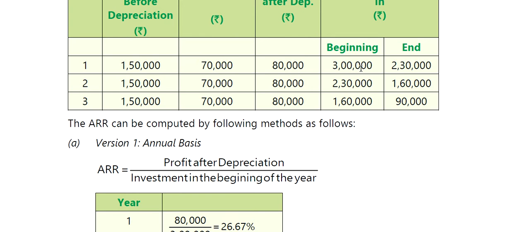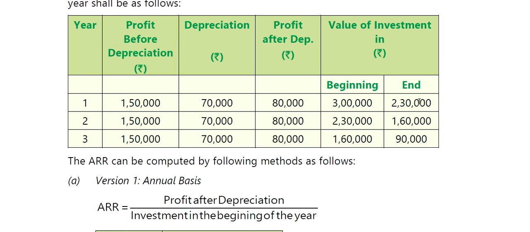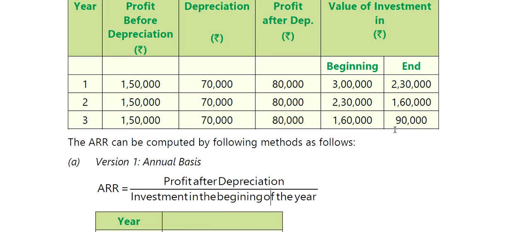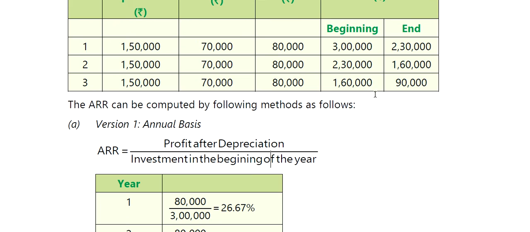The investment reduces: 3 lakh, then 2,30,000, then 1,60,000, after deducting 70,000 depreciation each year. So every year 80,000 is the income.